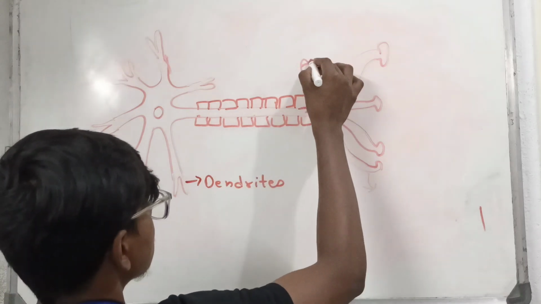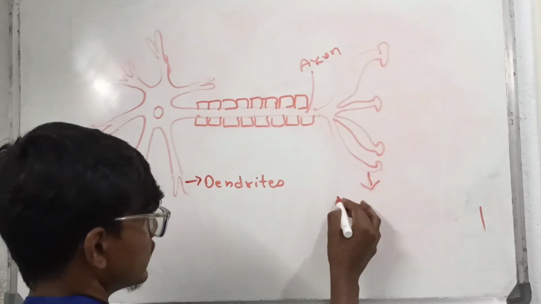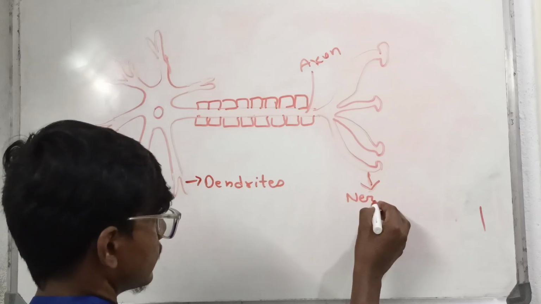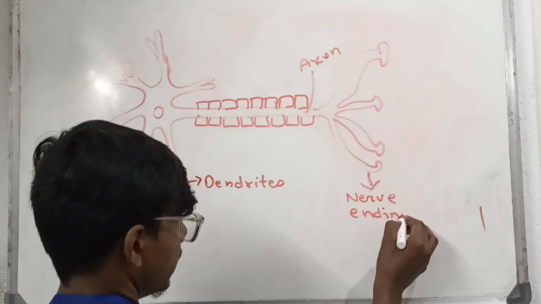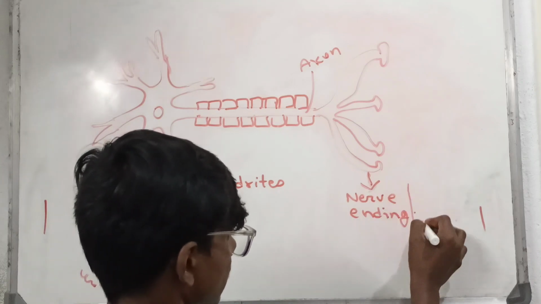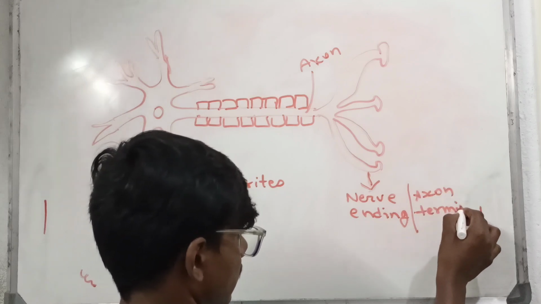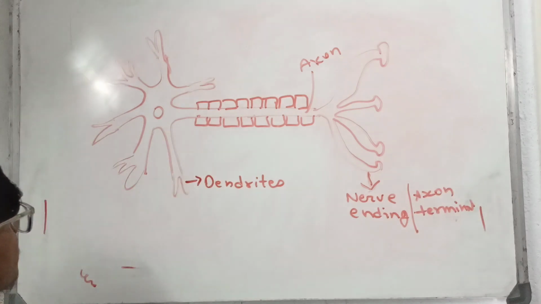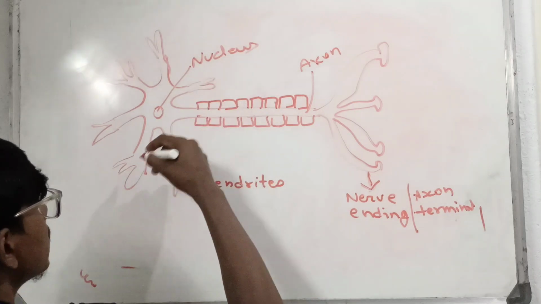This is the axon. This is the nerve ending, or axon terminal, you can also say this. This is the nucleus.